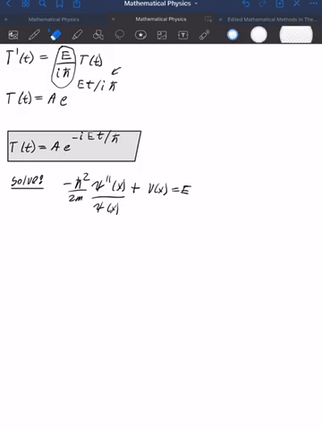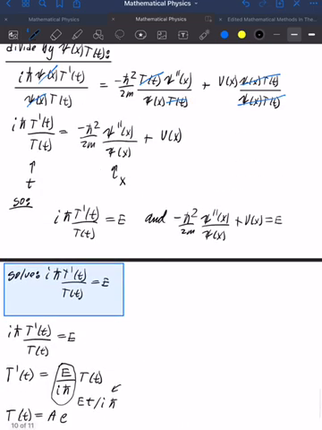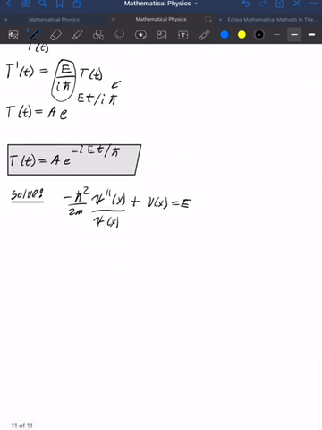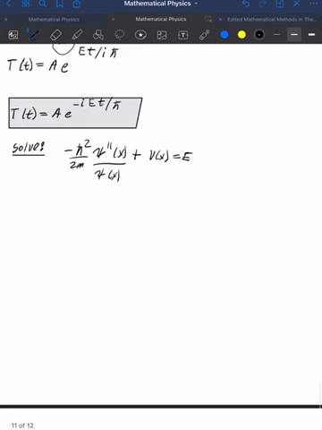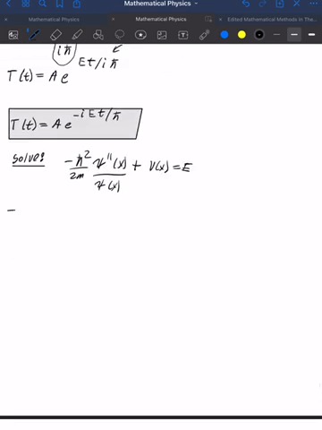When V of x was 0, this term went away and it was a lot simpler to solve. But now we have some potential function V of x. The first thing you want to do in solving this is to multiply by psi of x. If we multiply by psi of x, you get minus h bar squared over 2m psi double prime of x plus V of x times psi of x is equal to E times psi of x.